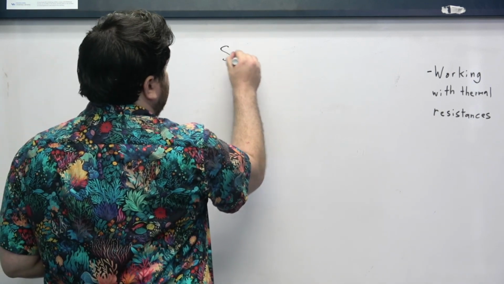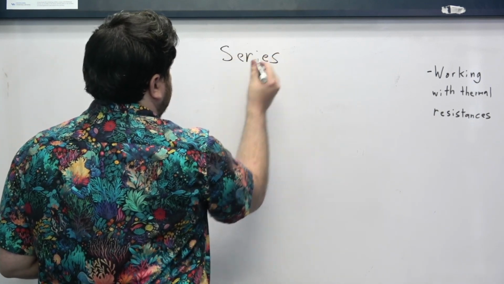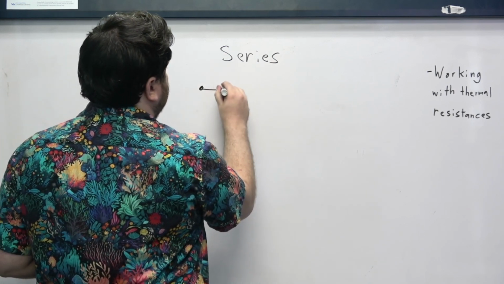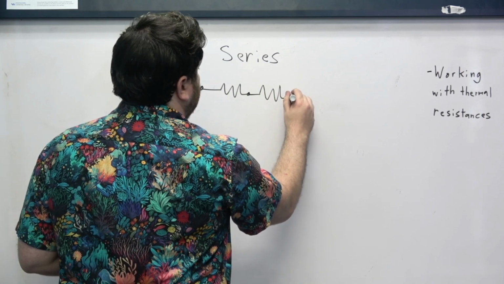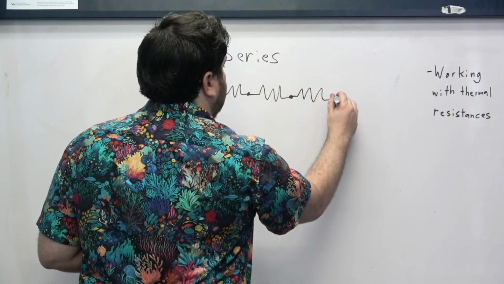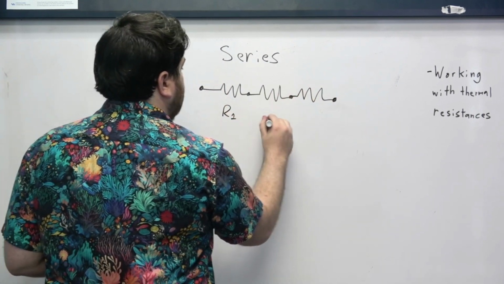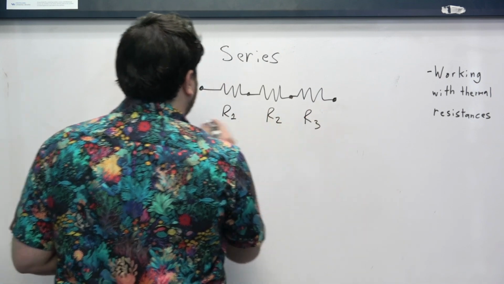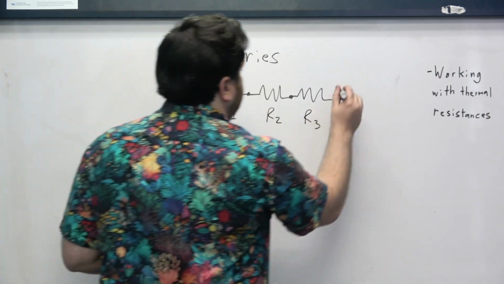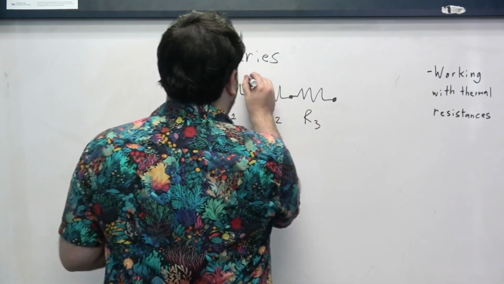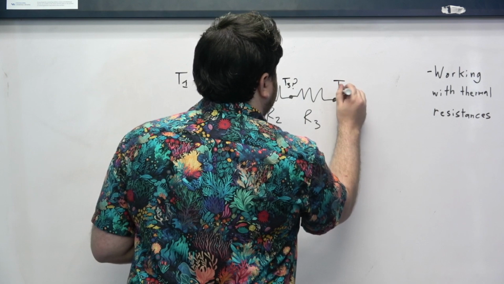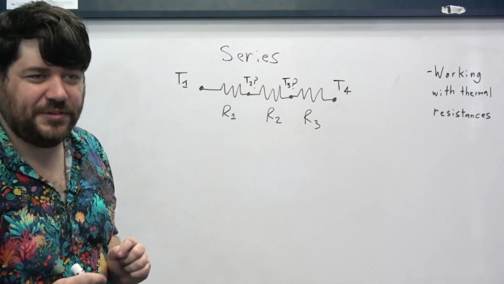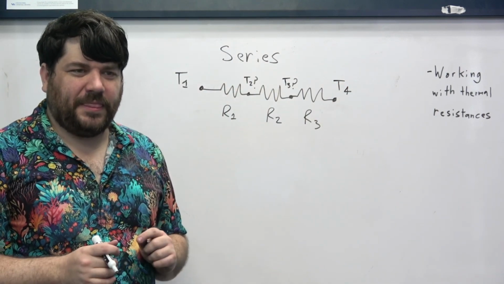So in series, we just have a setup where we have some arbitrary number of thermal resistances which are connected end to end. Let's say that we know T1, we don't know T2, we don't know T3, but we do know T4, and we know all of the resistances, right?